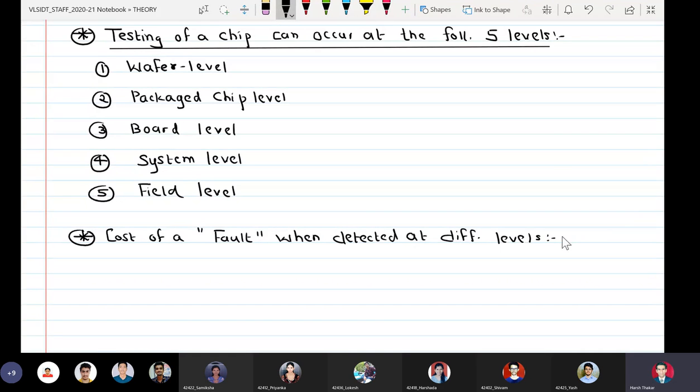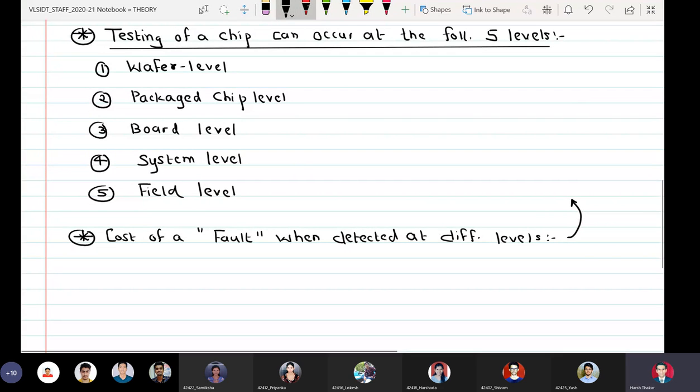What is the cost incurred to an IC manufacturing company if the fault is detected at wafer level, package chip level, board level, system level, and field level? Okay, so here we'll come to know.